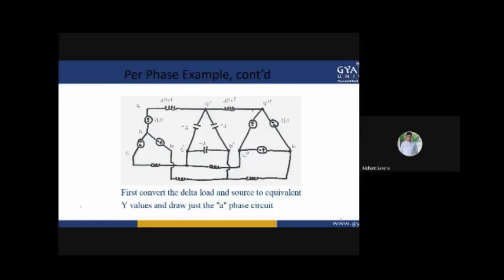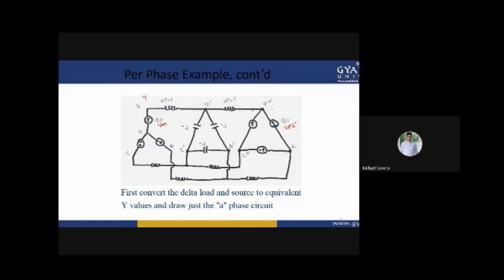So this is the system which I was talking about. We have one star connected source generator with the neutral not grounded over here. Okay, no issue. VAN is given to you, and this is your VA double dash B double dash, which is given to you.